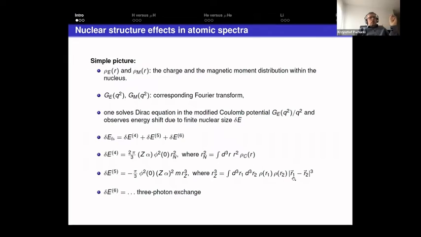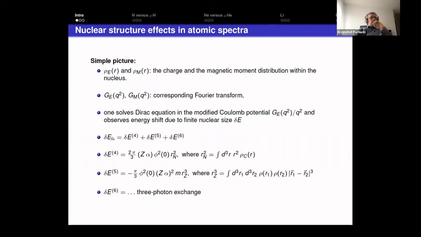It's the convolution of the charge density with the electron, multiplied by the 1 minus R2 cube. So it is a very simple formula which describes delta E5. For delta E6, it's also relatively simple, but the formula is too complicated to write down, so I'm not writing it down. The point which I would like to make is that this picture is oversimplified.